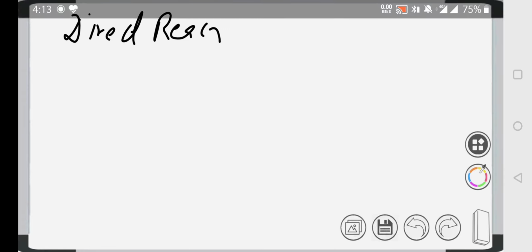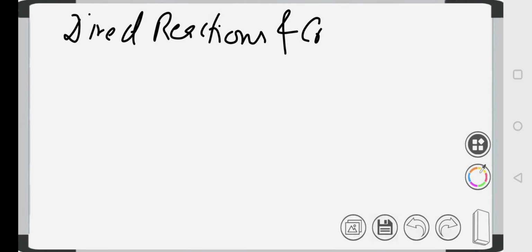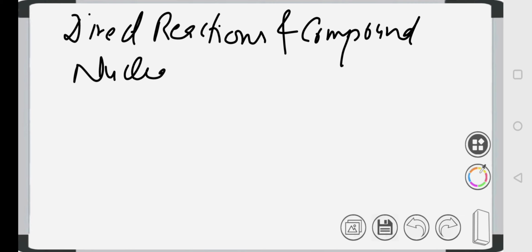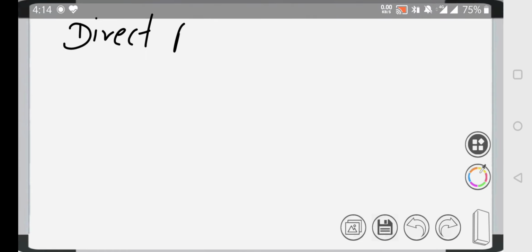Now we study the concept of direct reaction and compound reaction. As we have already discussed the various types of nuclear reaction, now we are left with direct reactions and compound nuclear reactions. Now see direct reaction.